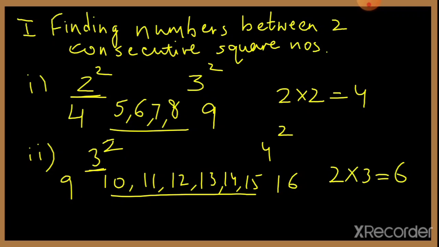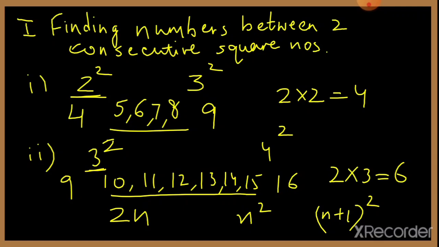So if we continue like this, we will see a general pattern that there lie 2 multiplied by n natural numbers between n square and n plus 1 square. Now what is n and n plus 1? n and n plus 1 are two consecutive numbers.